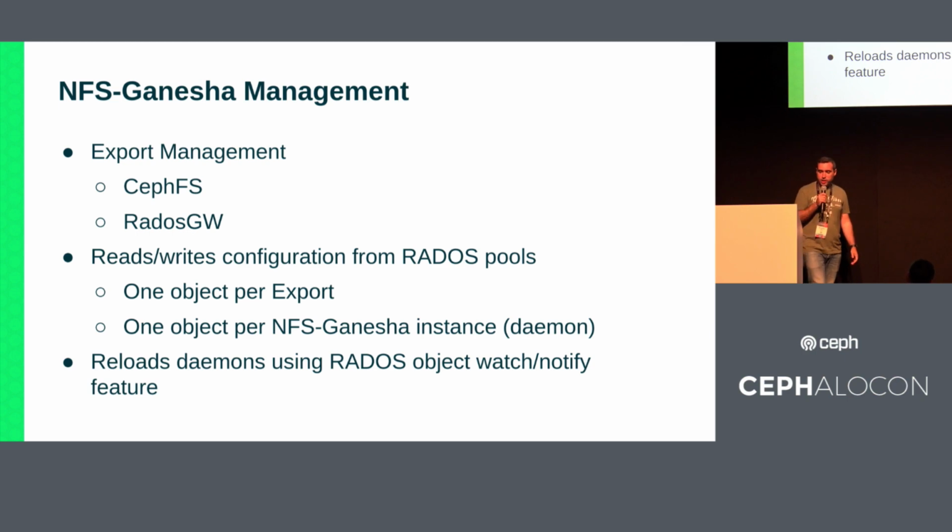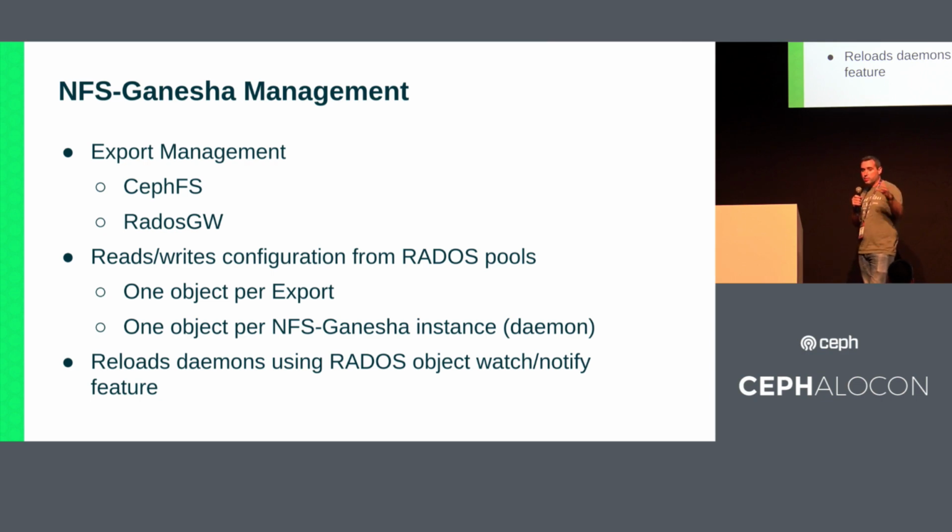For NFS Ganesha, what we can do is manage NFS Ganesha exports. And these exports can be created using either the CephFS or the RGW backend. The way we manage is by reading and writing the Ganesha configuration files that are stored in a Rados pool. So when we create an export, this export creates an object in some Rados pool, and each Ganesha instance also has its own Rados object where it has the links to the exports.